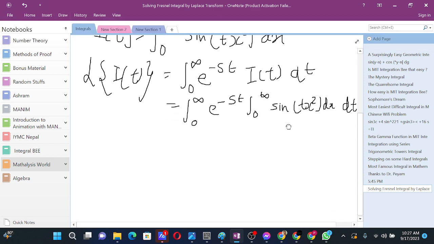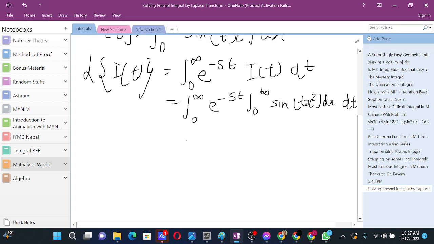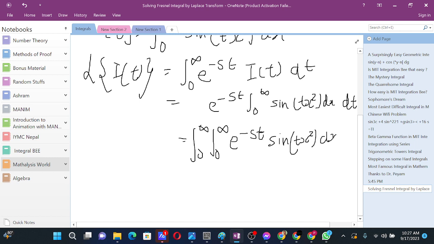So this is the integral from 0 to infinity, integral from 0 to infinity of e to the power minus st, and then sine of t x squared dx dt.